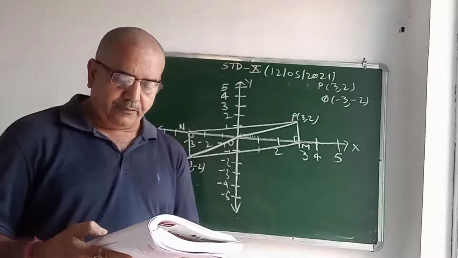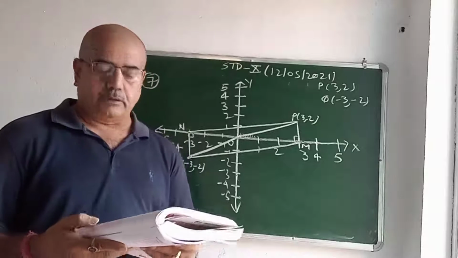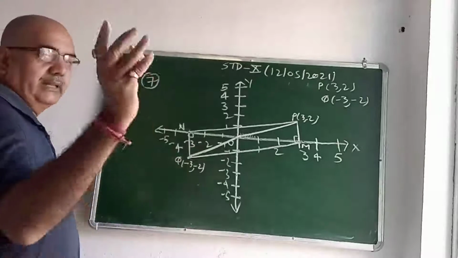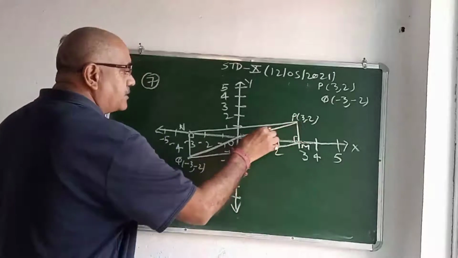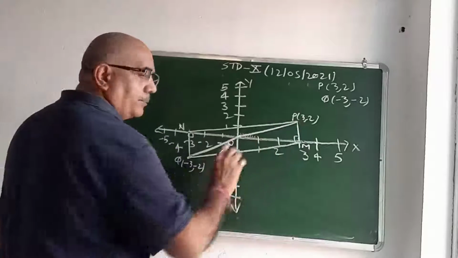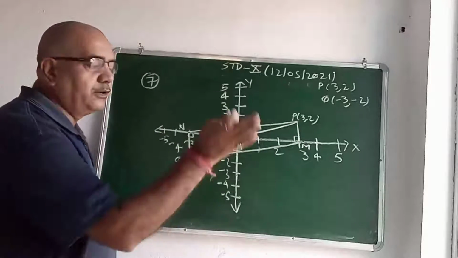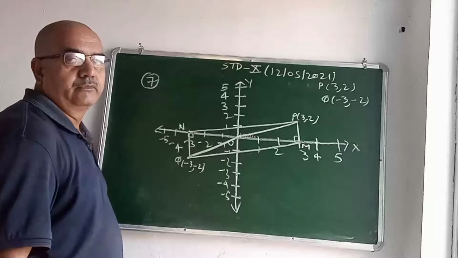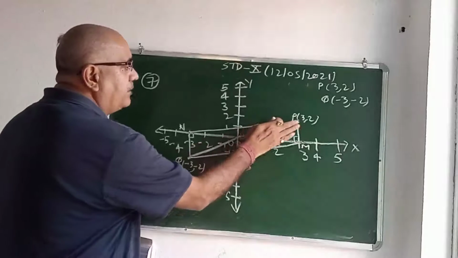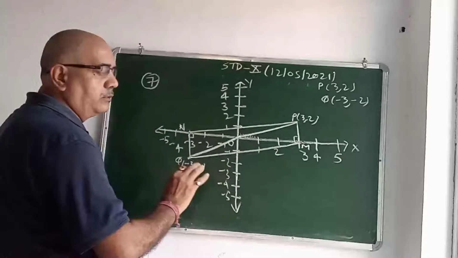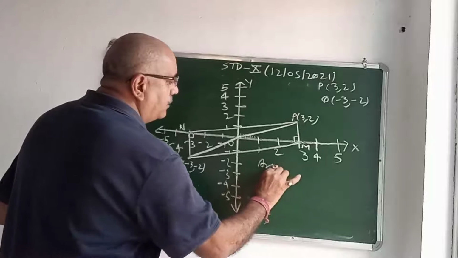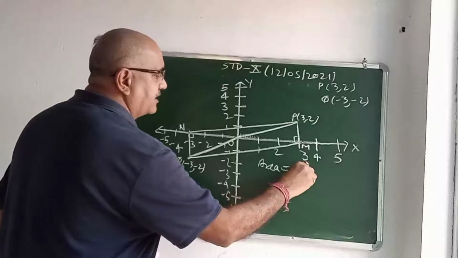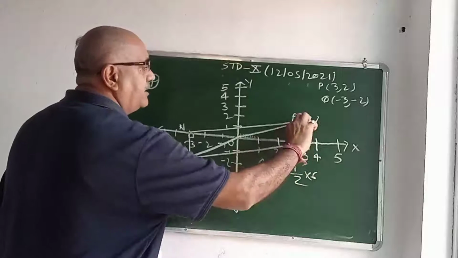Then find its area. How to find the area? This is the diagonal of the parallelogram, and the diagonal divides the parallelogram into two equal triangles. So find the area of one triangle and multiply by 2. Area is equal to half, base is 3 and 3, 6, height is 2.